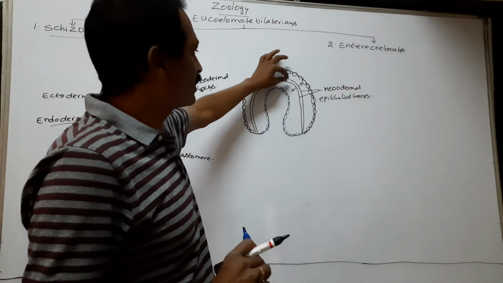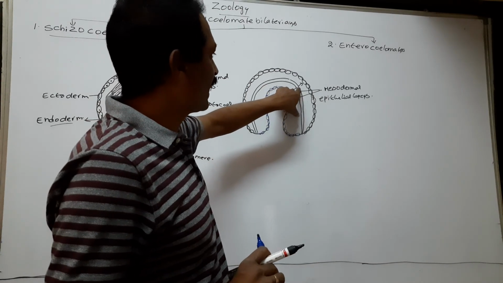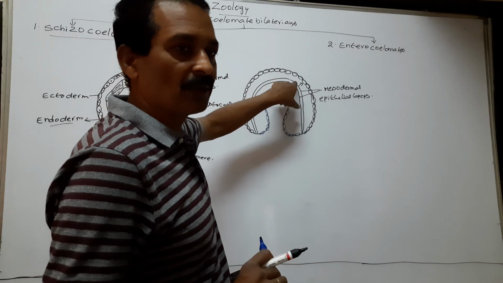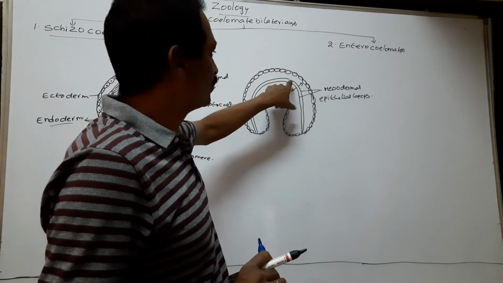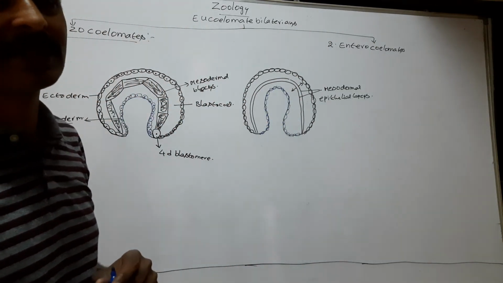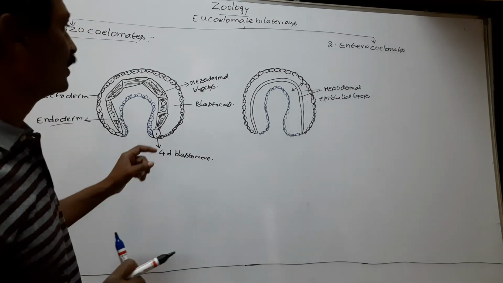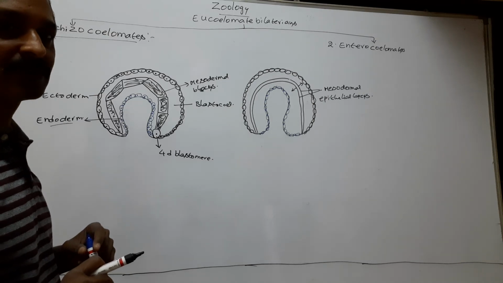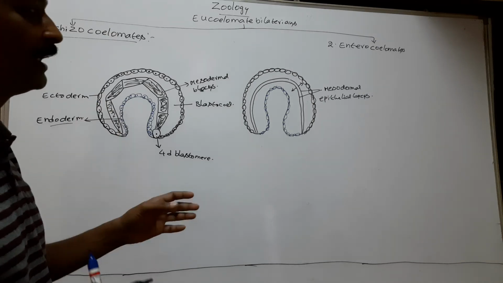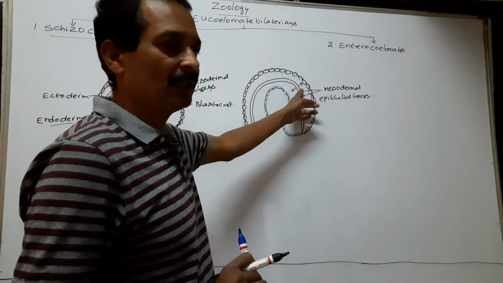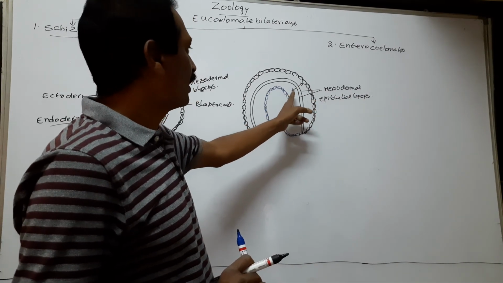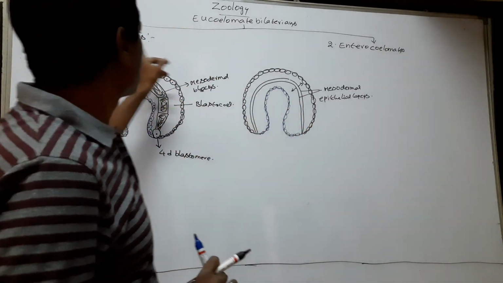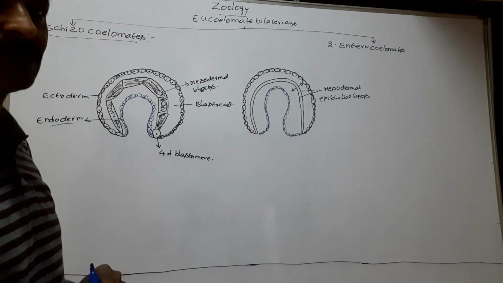A new cavity arises between these layers, called eucoelom. This type of eucoelom is called schizocoelom, formed by the splitting of mesodermal epithelium. In this process, the blastocele is replaced by schizocoelom.